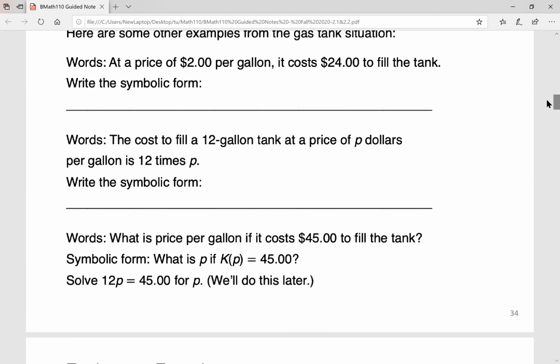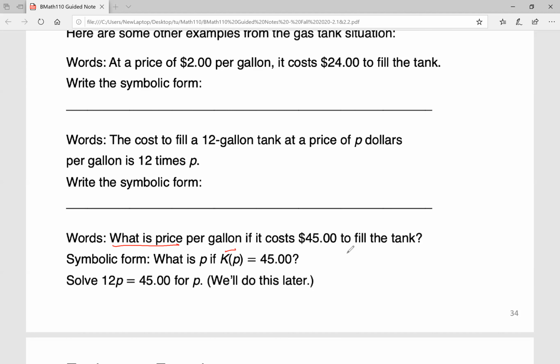And here, what is the price per gallon if it costs $45 to fill the tank? Okay, so for the symbolic form, here we actually don't know the input because they are just asking us what the price is.